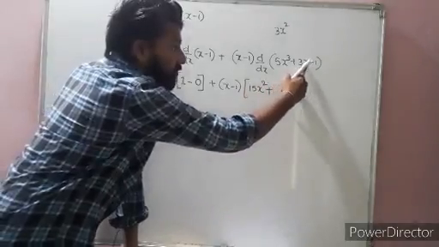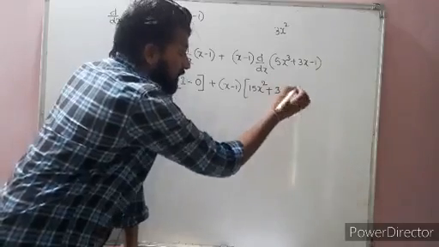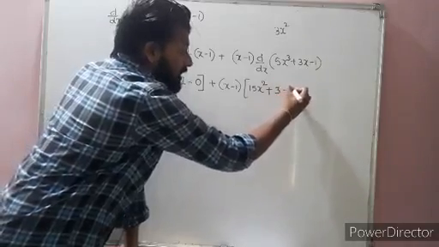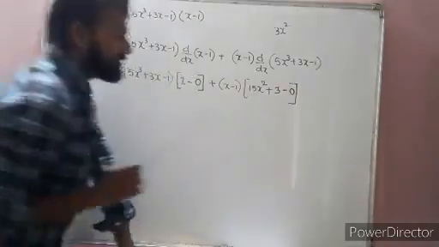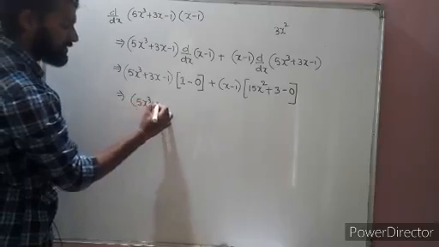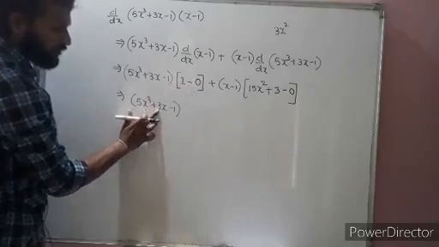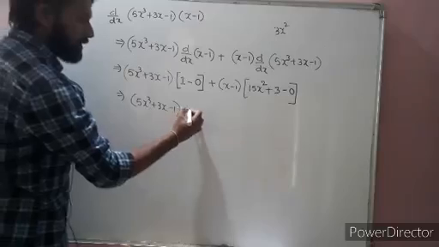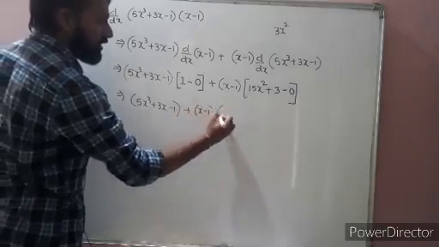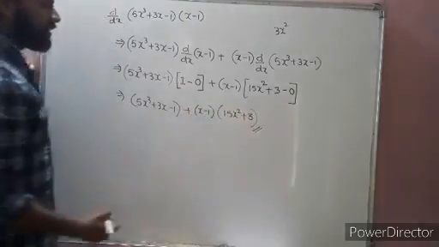Plus the derivative of 3 times x, 3 is constant as it is. The derivative of x will be 1 and minus derivative of 1 will be 0. So this is (5x cube plus 3x minus 1). 1 minus 0 is 1, multiplied with the same thing will give the same thing, plus (x minus 1), and this is 15x square plus 3, which will be our answer.